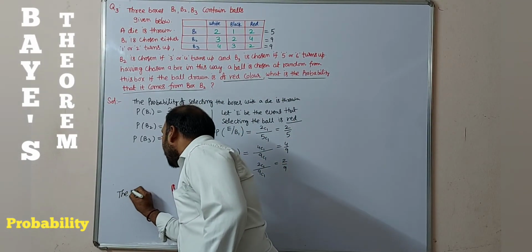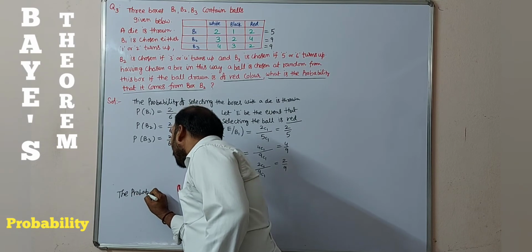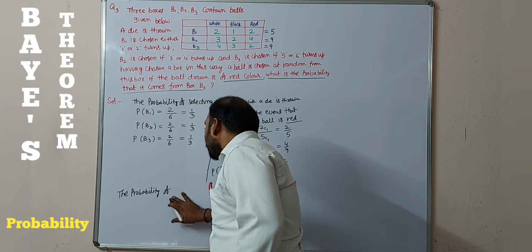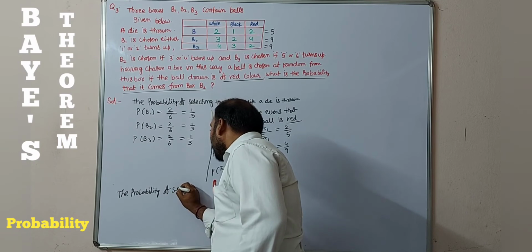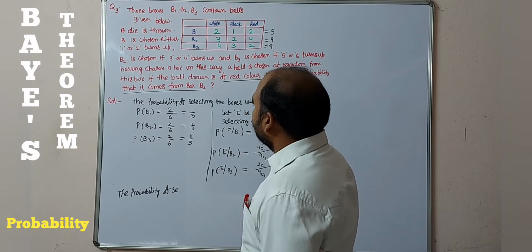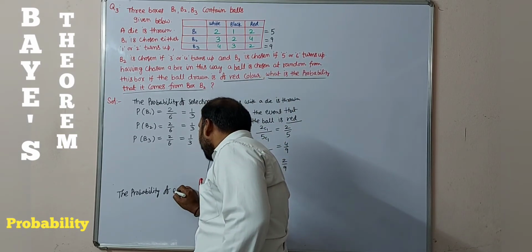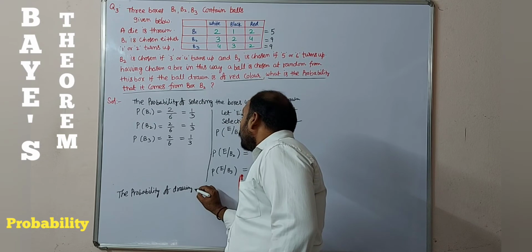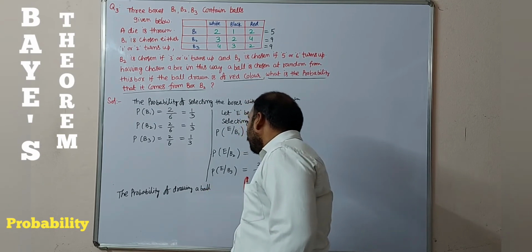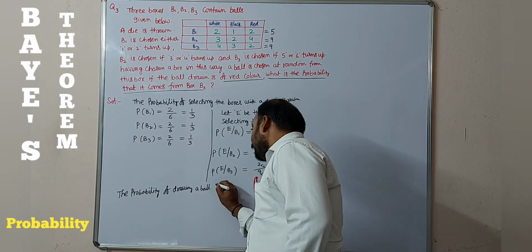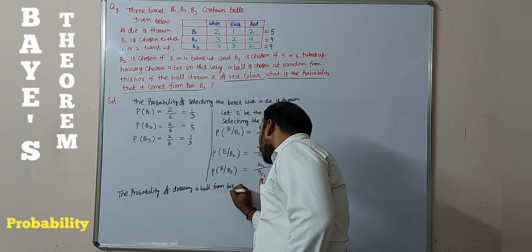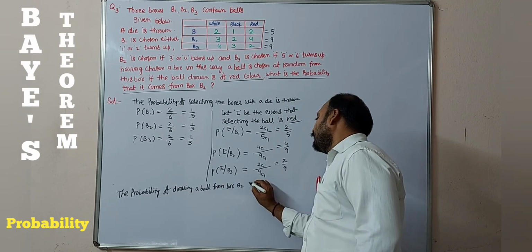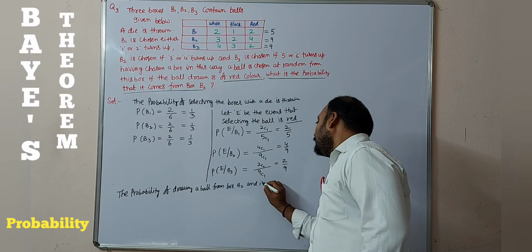The probability of drawing a ball from box 2, and it is red.